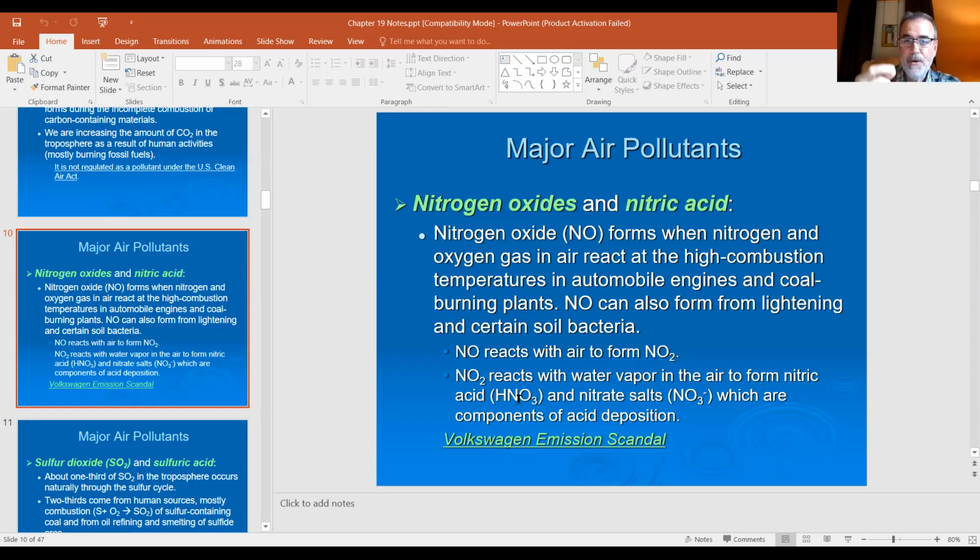So the burning of anything, fossil fuels, gasoline, coal, natural gas, anytime we're burning stuff, we're going to start this process of nitrogen oxide, nitrogen dioxide, then reacting with water in the atmosphere to make nitric acid. So if we want to stop causing so much acid rain, we need to stop burning so much stuff.